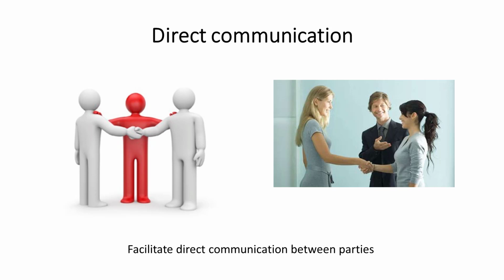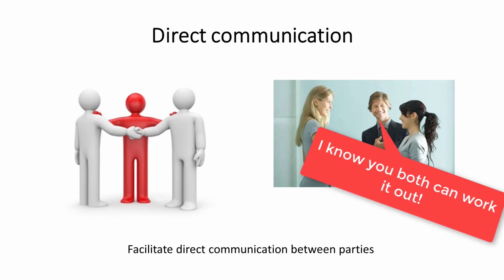The triangled third party can serve as a conduit between the two parties to make sure that progress is being made without taking sides. Also, as leaders facilitate the flow of communication between the two parties, they should stay positive and encourage both parties. An example statement would be, "I know both of you can work this out."